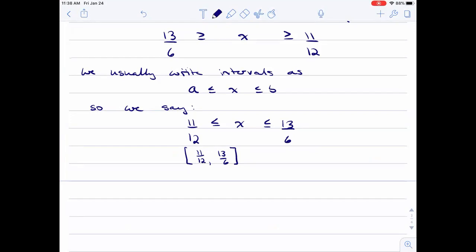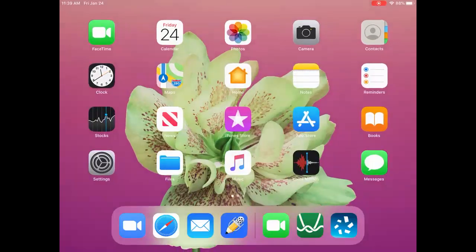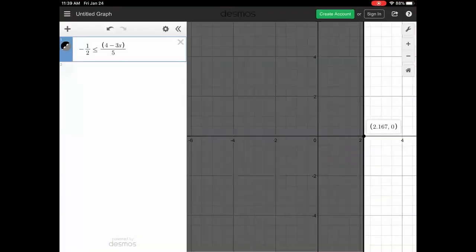But remember, the inequality we're looking at in Desmos got switched over, so it's 13 divided by 6, 2.1666666, which they've rounded to 2.167.